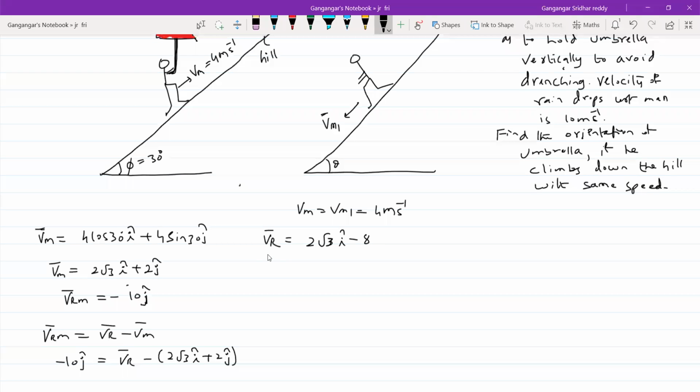So minus 8 j cap. This is actually the velocity of rain. So this vector has components 2 root 3 and 8. Now get the direction of VR. This is the VR bar.